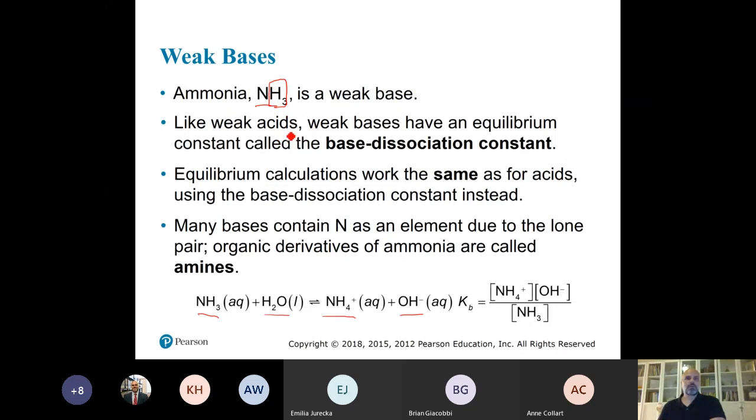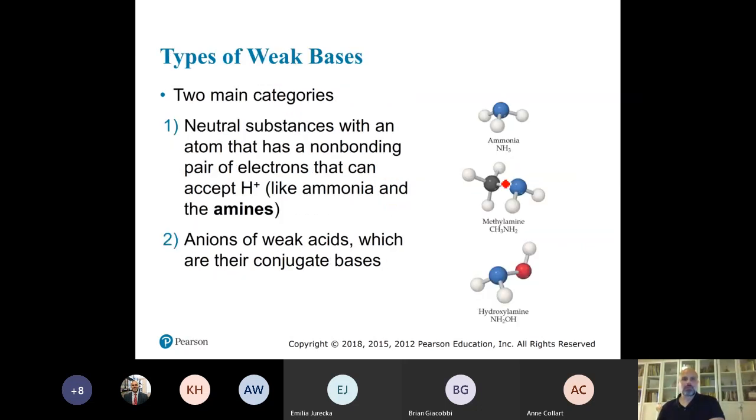the conjugate bases of weak acids. Let me show you some examples. Here are the two main categories. You have the neutral ones, the amines. Ammonia, NH3, is one example.